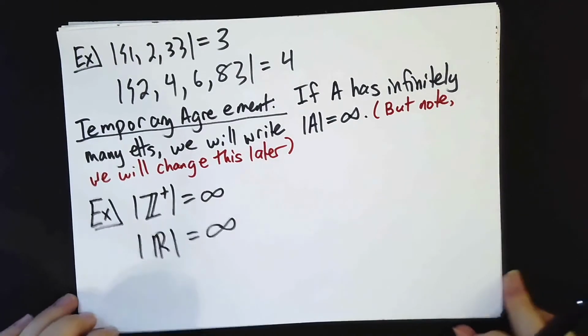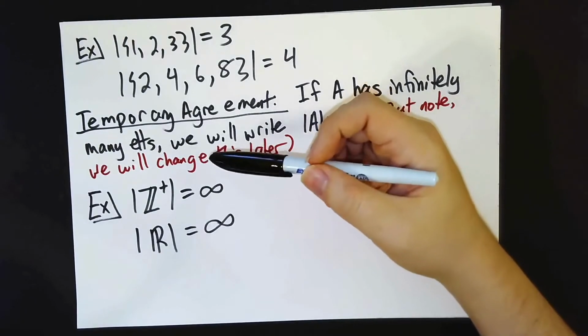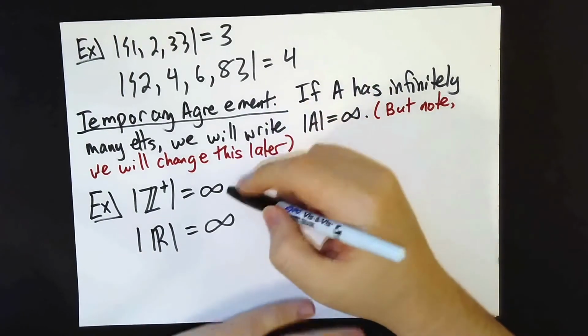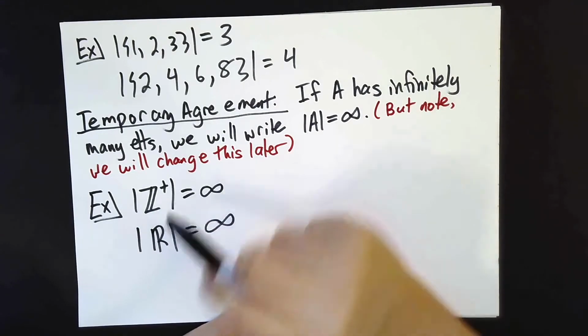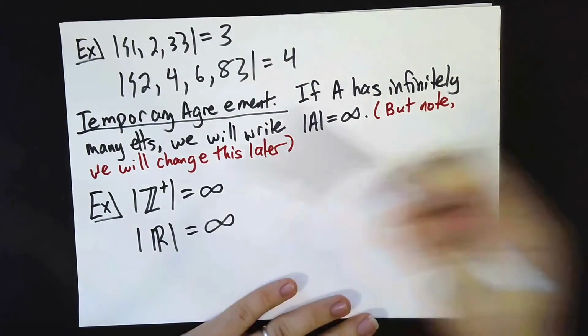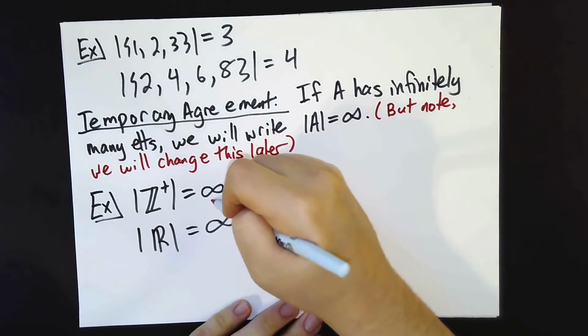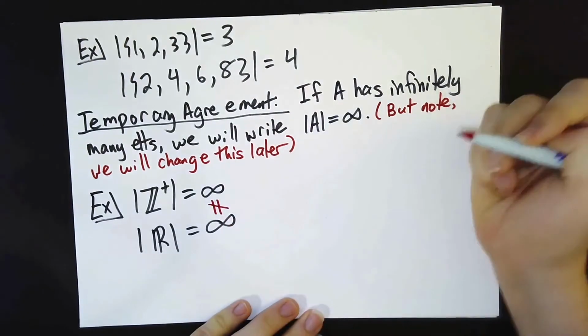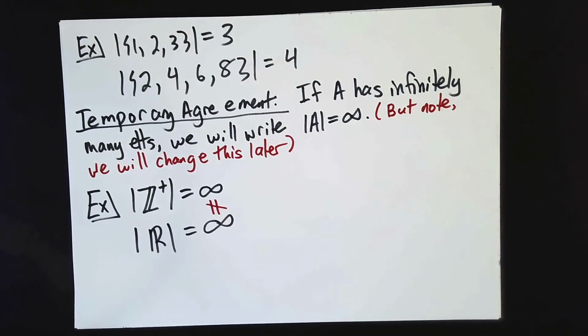If you're curious of a preview, why are we going to change this later? The reason is that even though, of course, I would agree there's infinitely many positive integers, and there's infinitely many real numbers, it's going to happen that these infinities are, in a sense, we'll make precise, not equal. And so as a result, when we want to talk about the size of infinite sets, there'll be a more refined and nuanced way to talk about that, but we're saving that for later in the course.